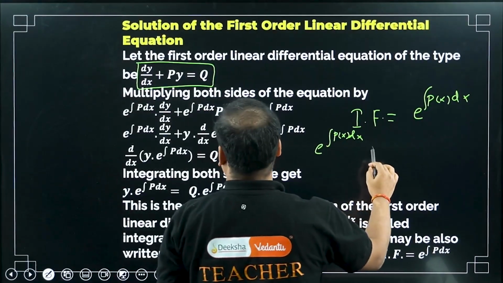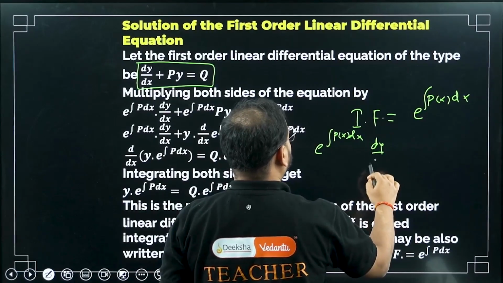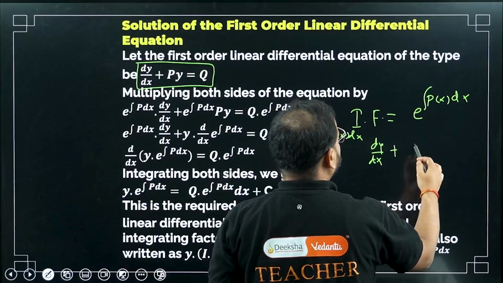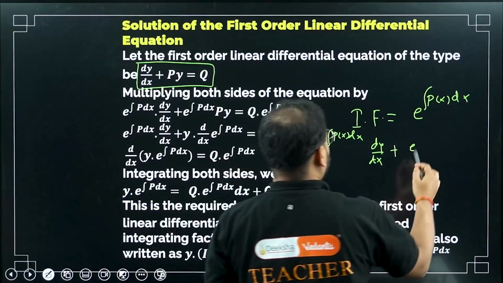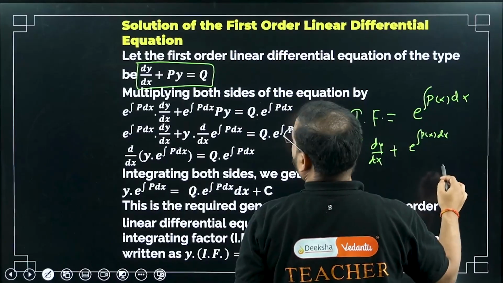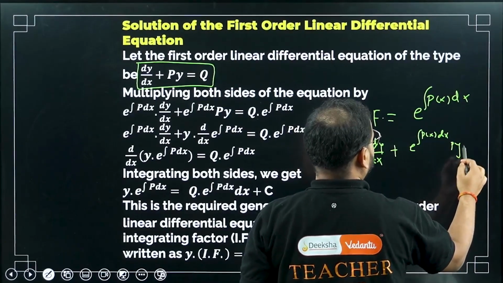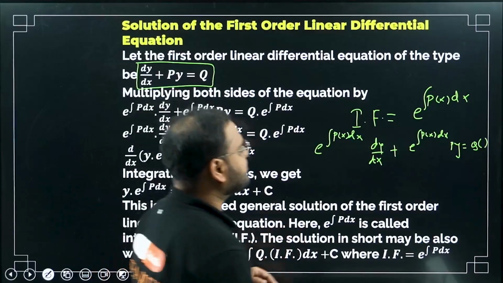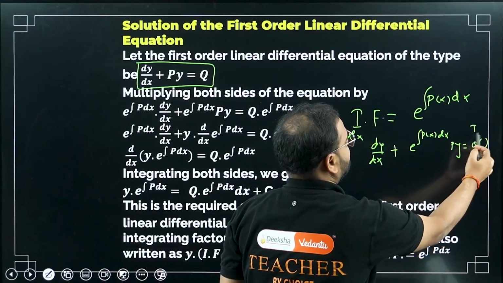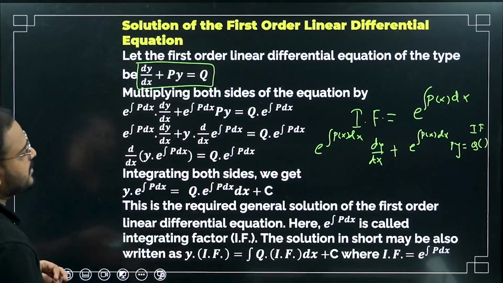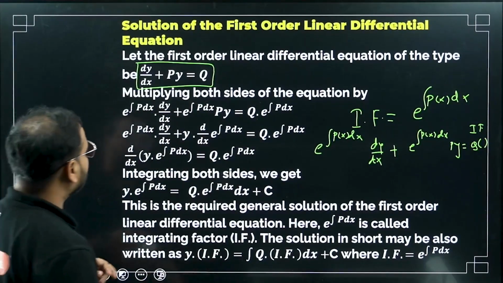So I'll get dy by dx plus e power integral Px dx, py equals q times this thing as well. The same thing has to go. If you want, I can write this simply as IF, because this is IF, isn't it? Now if you see here, is something common?